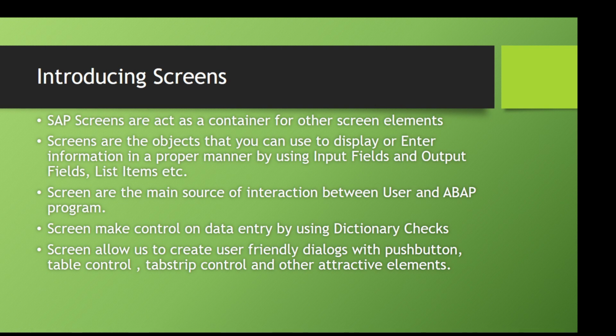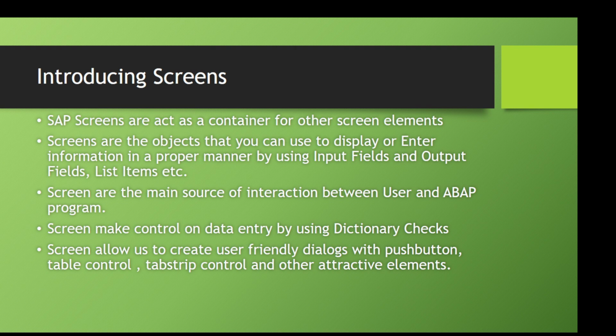Other than that, screens are the objects that you can use to display or enter information in a proper manner by using input fields, output fields, list items, etc. It means that we use screens for our information update, and we can find our information saved in the database via screen, and we can update or delete our information of the database via screen.